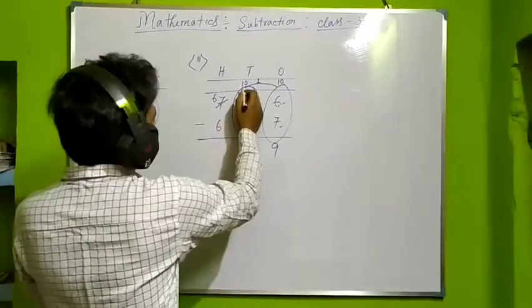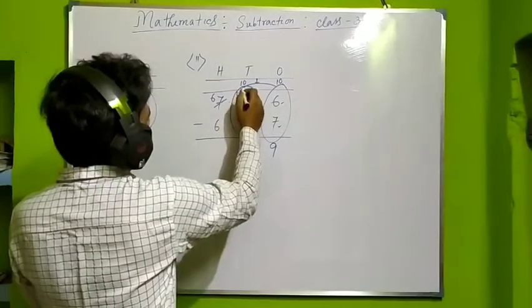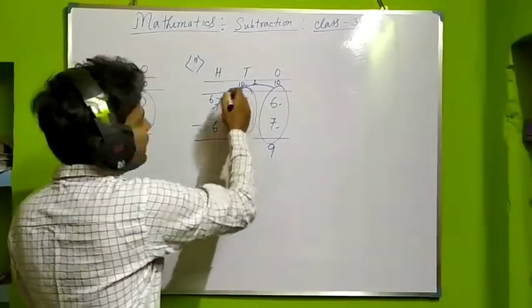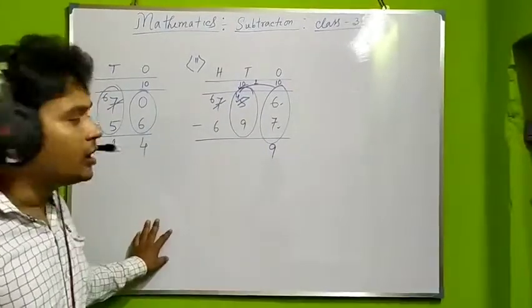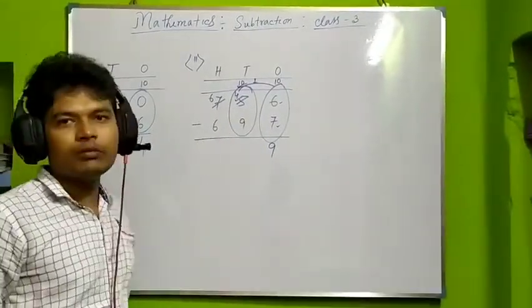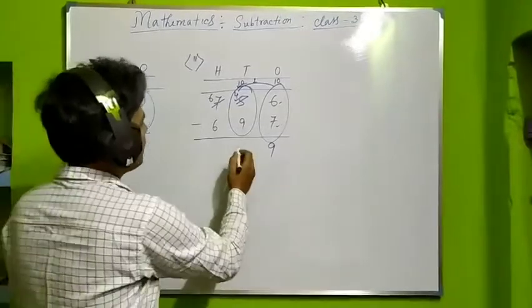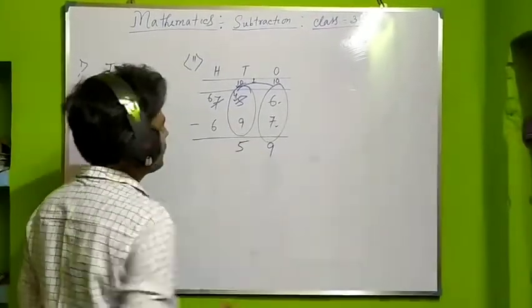Now we have to add these two numbers, 10 plus 4. So 10 plus 4 is 14. Now we have to subtract 9 from 14. So 14 minus 9 equals 5.